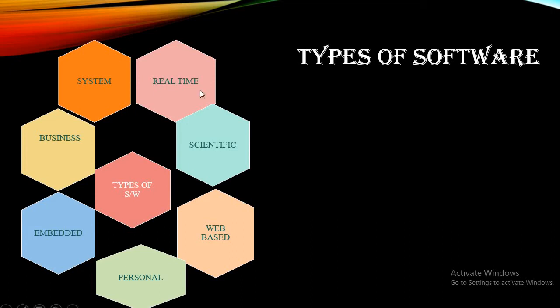Those 7 categories are system software, real-time software, scientific software, web-based software, personal software, embedded software, and business software. These are the 7 categories of software.